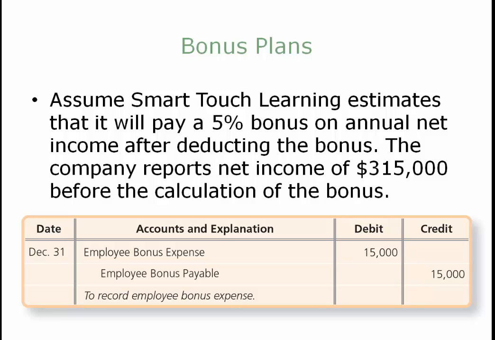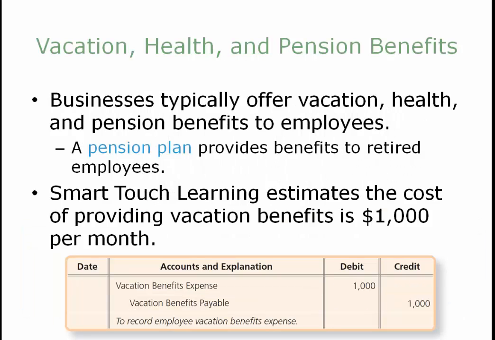So that one's wrong. But that's the whole concept here. They're going to take 5% times 300,000 would get you 15,000 to report the expense in the payable. And sometimes they won't pay out the bonus until maybe 3 months after the year is over. So if they wait until it's 3 months after the year is over, then that's why they have to create this payable. And remember, we're following this concept called matching. We want to match revenues and expenses.